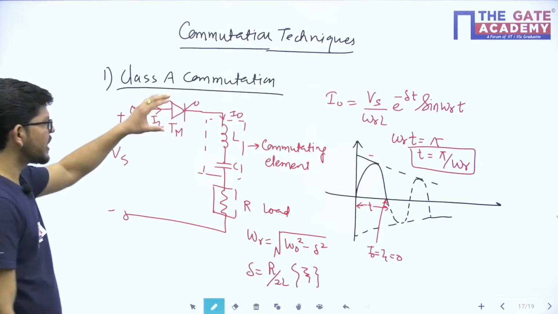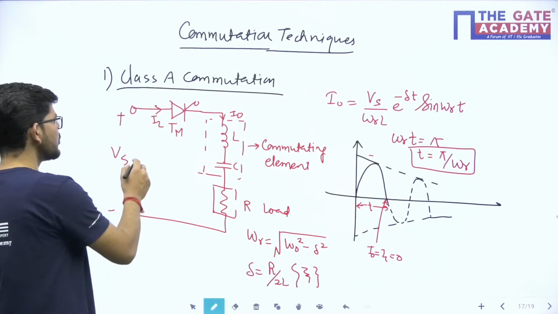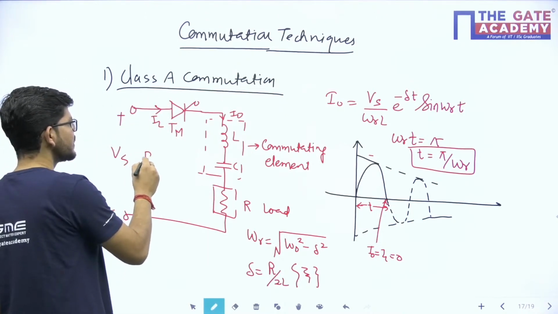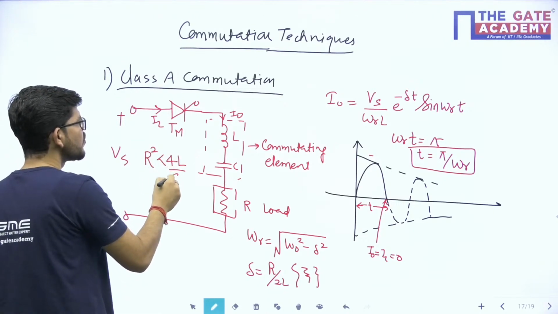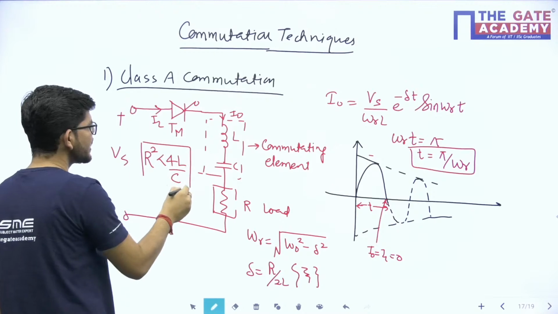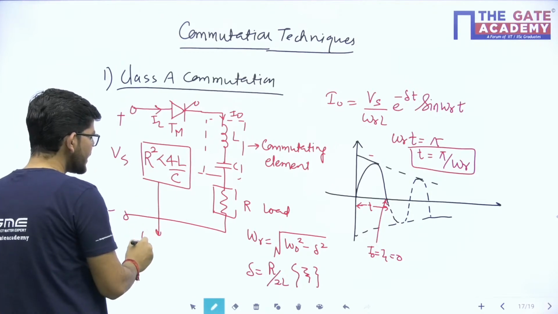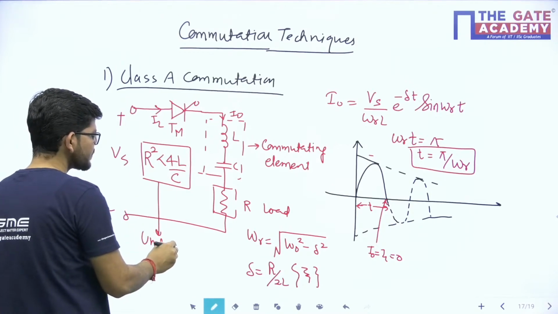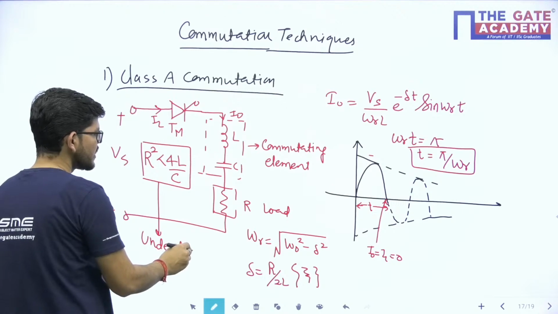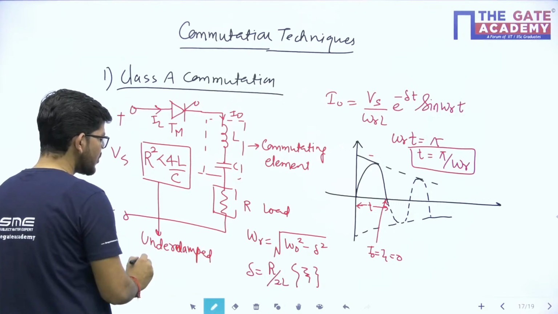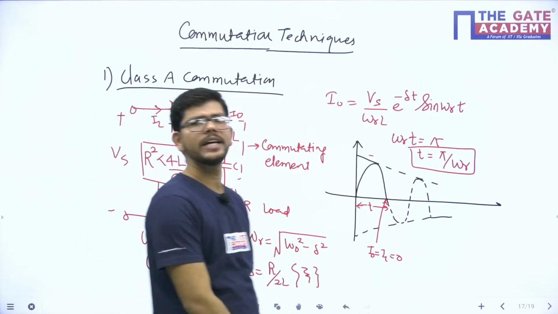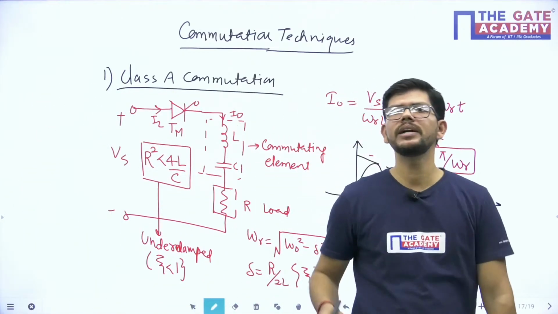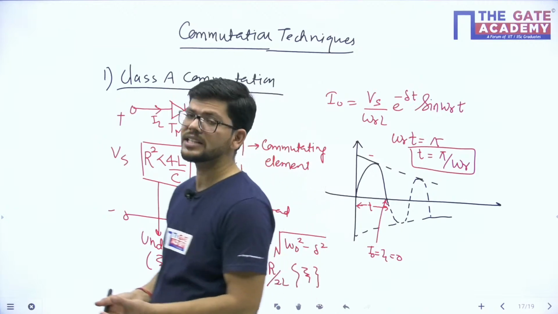So this particular circuit will be able to commutate this thyristor if this condition, that is R square must be less than 4L by C, that is the circuit must be underdamped, or zeta must be less than 1, is satisfied. Okay, so if we have load commutating element in the load, we can commutate the thyristors like this.